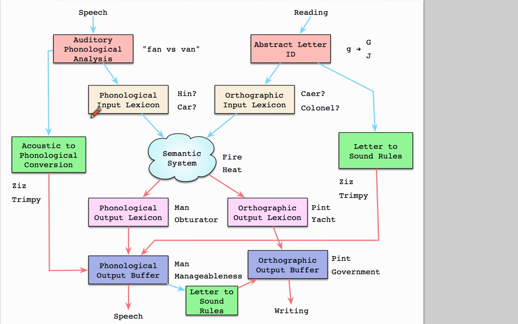This task, the auditory or phonological input lexicon, is sensitive to frequency. Right? So what I mean by that is that what will determine how easy or hard this task is for a patient with aphasia will be how common the words are that we give them to make a decision about, right?